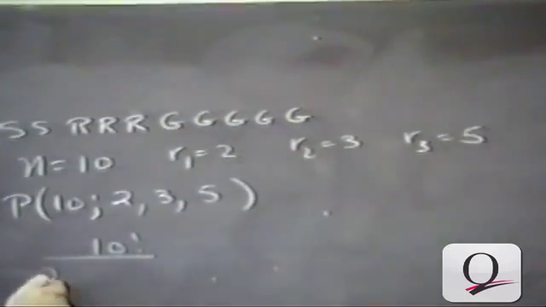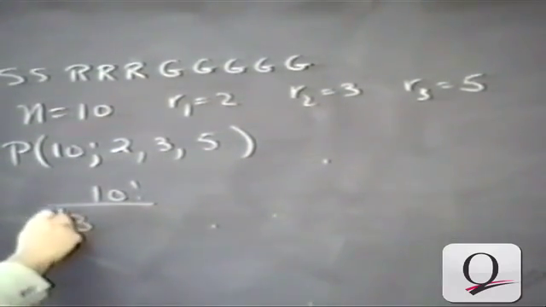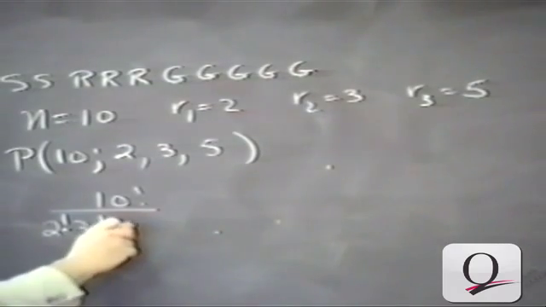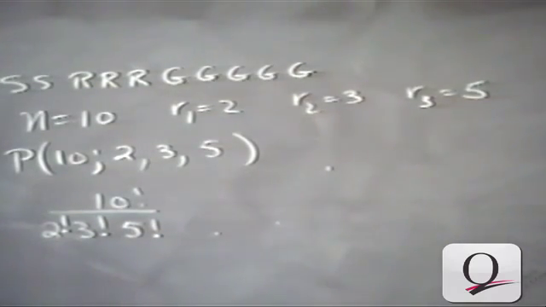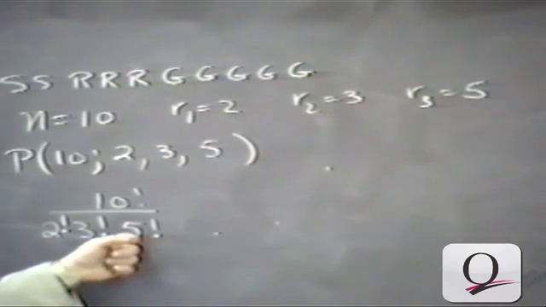That's 10 factorial over 2 factorial, 3 factorial, 5 factorial. Now the 10 factorial and the 5 factorial, rather than write them all out, I know that as soon as the 10 gets to the 5, 5, 4, 3, 2, 1 will be canceled by this 5, 4, 3, 2, 1.